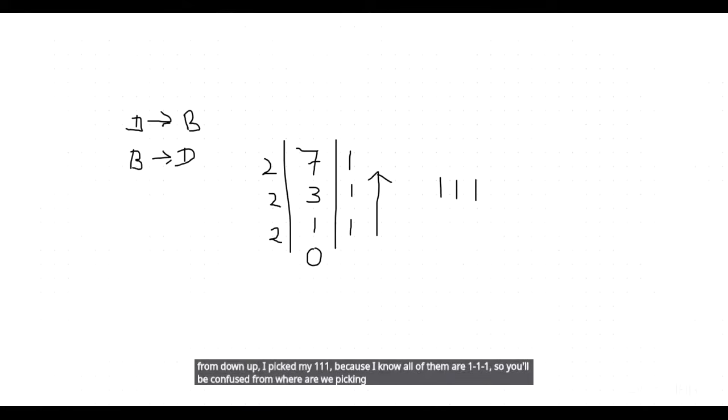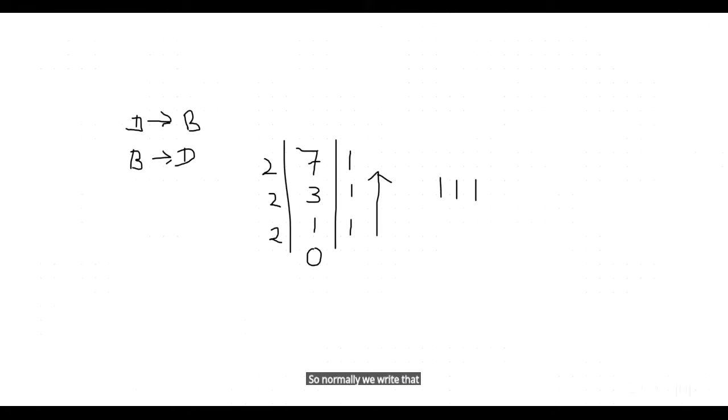I will do another example. So normally we write that 7 base 10 is equal to 1, 1, 1 base 2. So if you see base 2, you know that we are talking about binary.